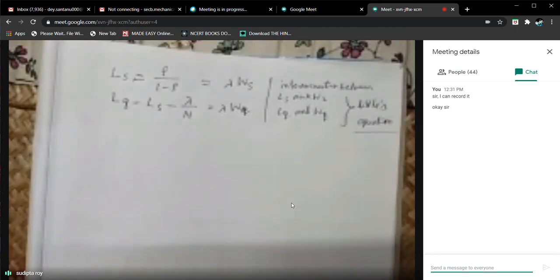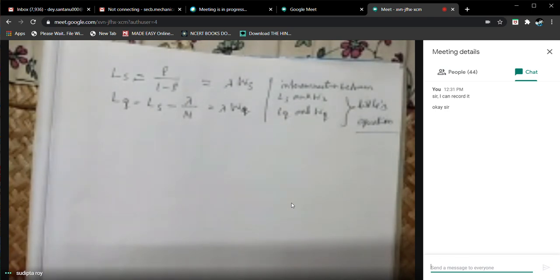It represents the number of customers. LQ is the number of people who are waiting in queue, waiting in line. So LS is equal to the number of people waiting in line plus the number of people getting serviced.